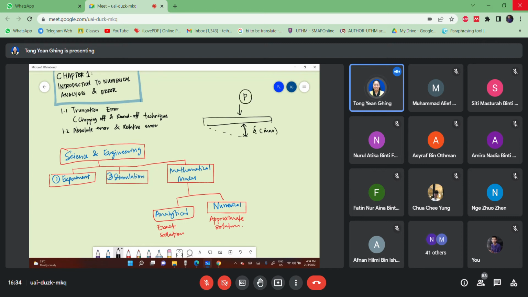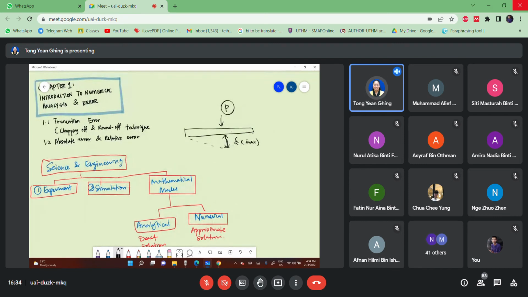Let's say analytically, you solve this P, the load, and you get 985.2538 Newton. But in engineering, is it really necessary to get it so exact?